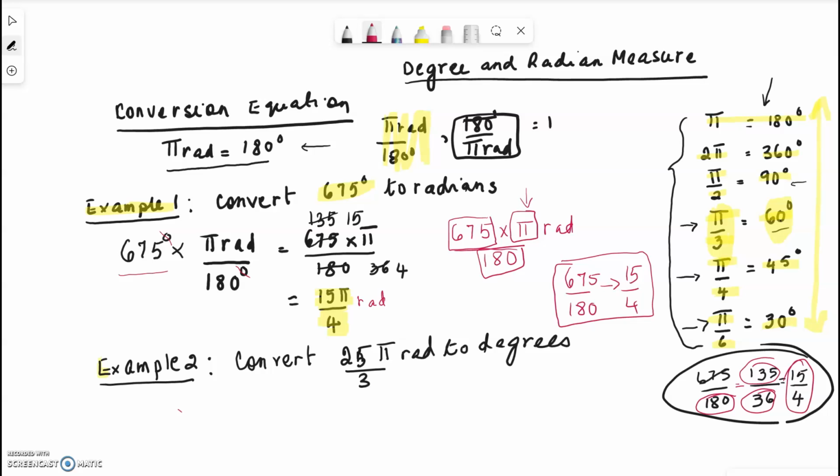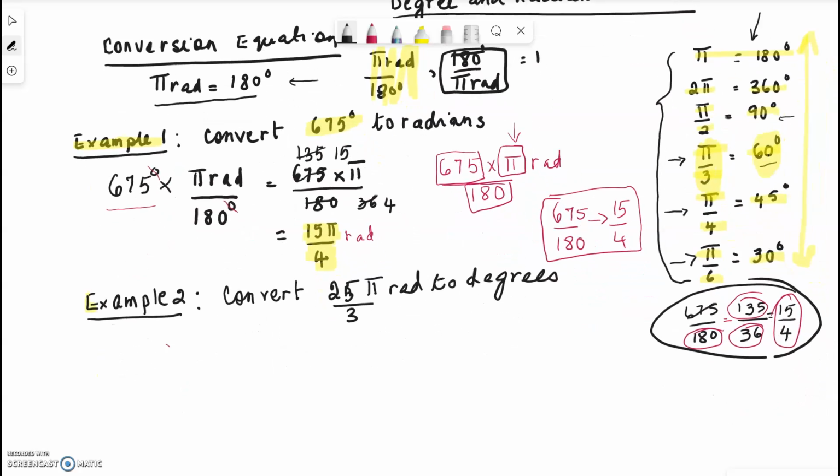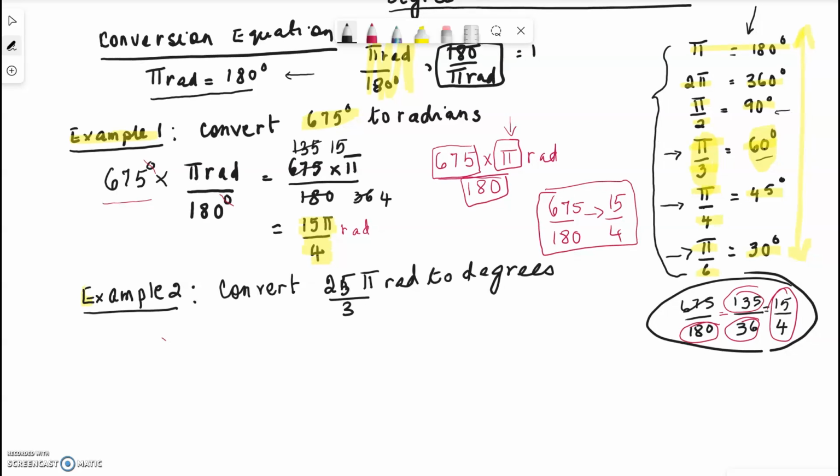So now let's convert 25 pi over 3 radians to degrees. Remember that pi is just equal to 180 degrees. So 25 pi over 3 radians is equal to 25 times 180 degrees over 3.